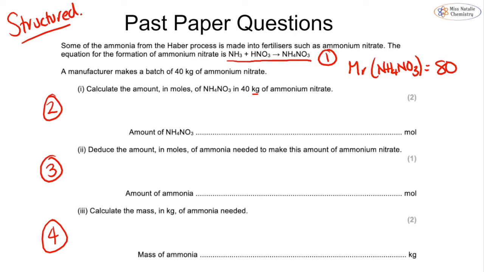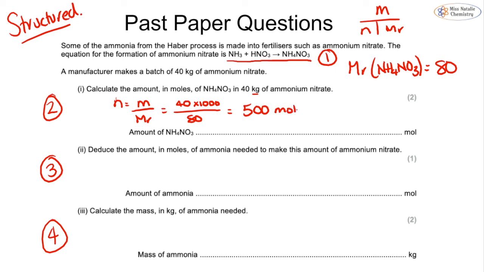So we need to make sure that we convert it. So to work out our number of moles, it's the mass over the MR, because remember we have mass, moles, MR. So I have 40 times 1,000 to convert it into grams, divided by 80 to give me an answer of 500 moles.